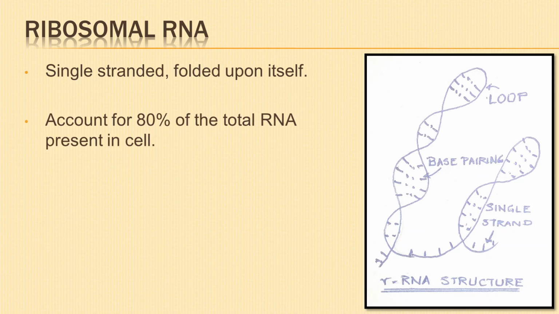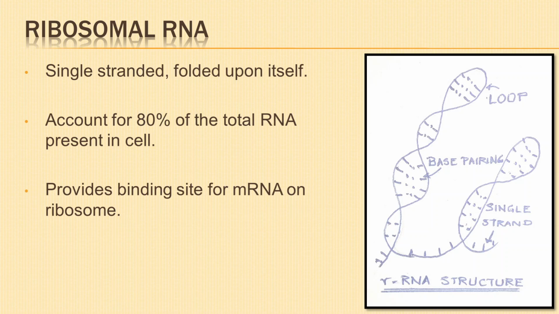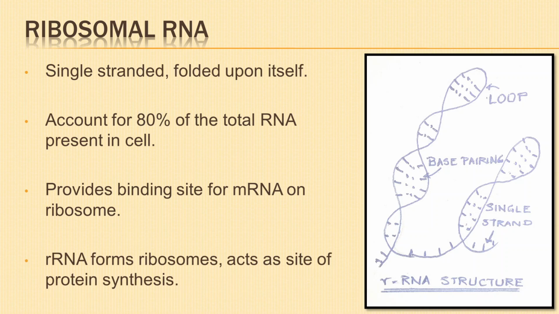It is found in the ribosome and accounts for 80% of the total RNA present in the cell. It provides proper binding site for messenger RNA on ribosomes. rRNA combines with proteins and enzymes in the cytoplasm to form ribosomes, which act as the site of protein synthesis.